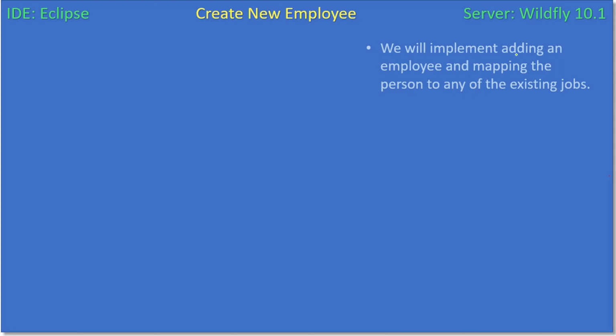We will implement adding an employee and mapping the person to the existing jobs. That means here we will create a new employee and we assume the job already exists. So that's how we will create the first part of this example.